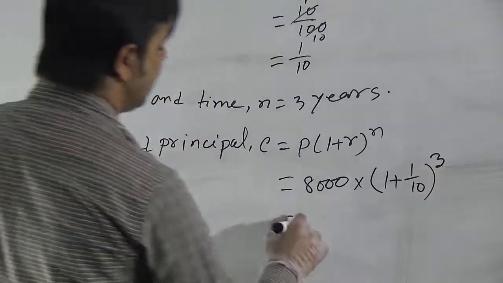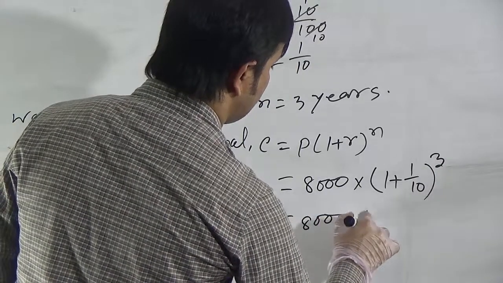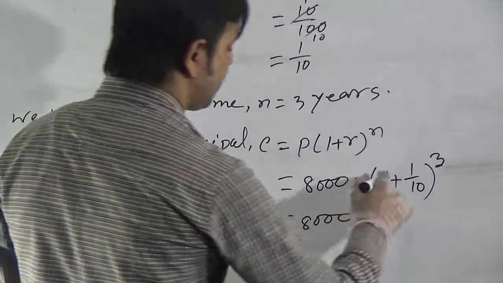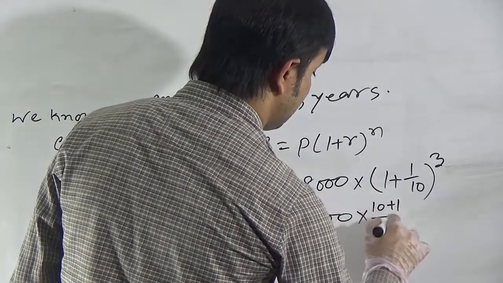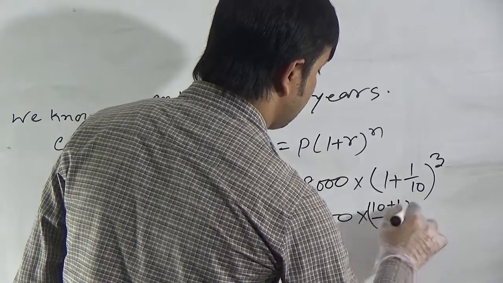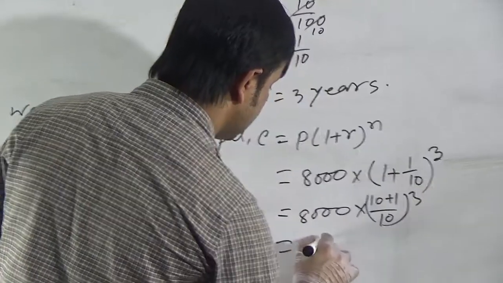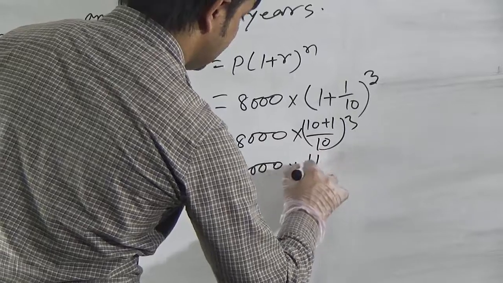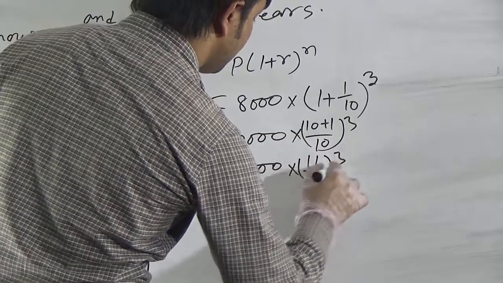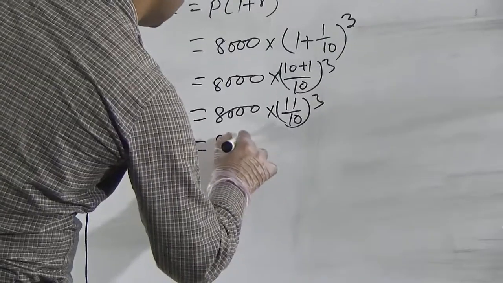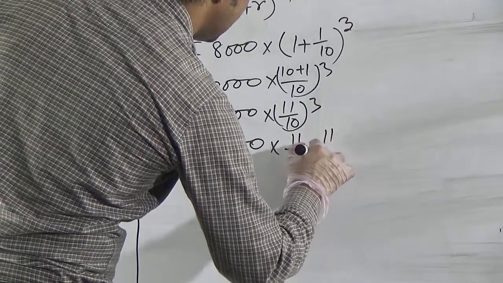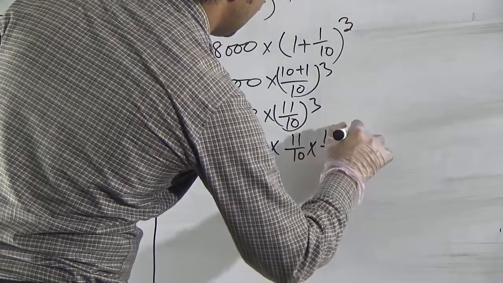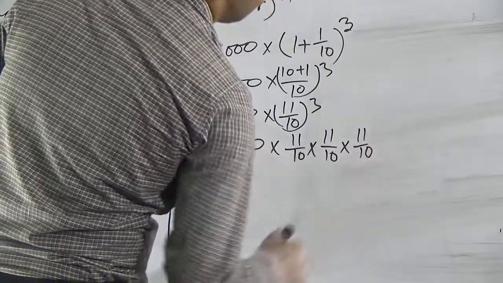So we can write here 8000 multiply by 10 plus 1 divided by 10 whole cube. It means that 8000 multiply by 11 by 10 whole cube. It means that 8000 multiply by 11 by 10, 11 by 10 and 11 by 10.